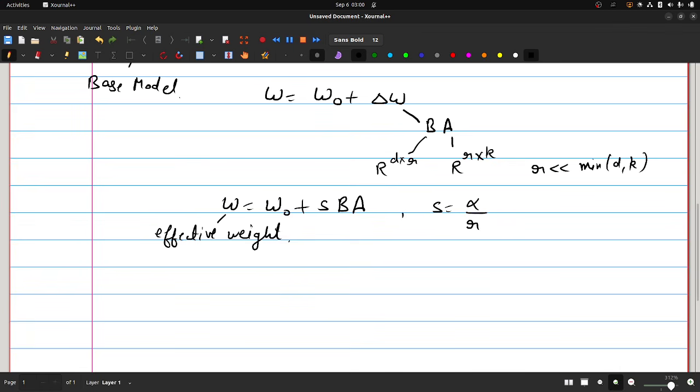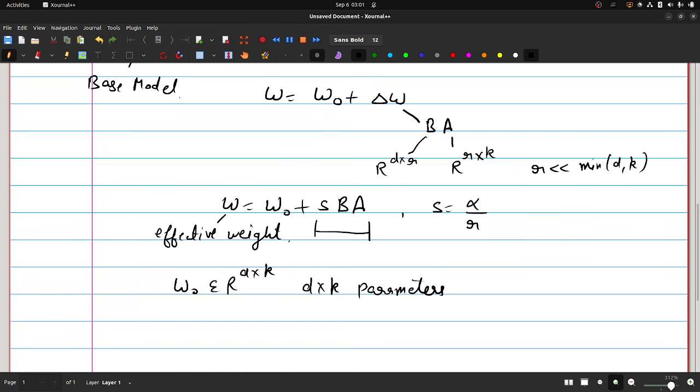So in LoRA we only train this part of the weights. We are not touching this W0. We will only train these B and A small matrices. Originally W0 has dimension D cross K, so you have to train all the D cross K parameters.